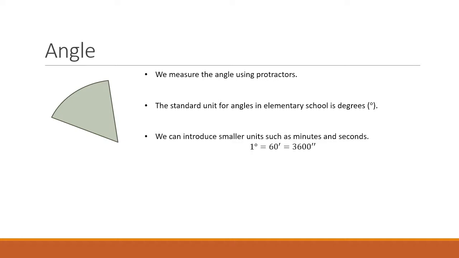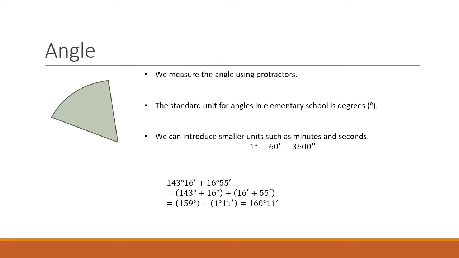But sometimes we need finer units, and in that case, we can introduce smaller units such as minutes and seconds. Here, the convention is that 60 minutes is 1 degree, and by the same principle, 60 seconds is 1 minute.